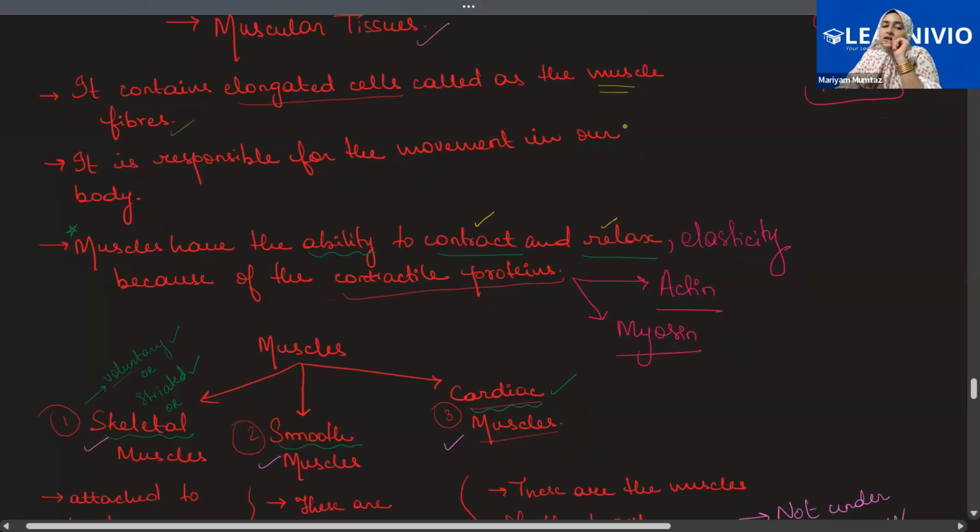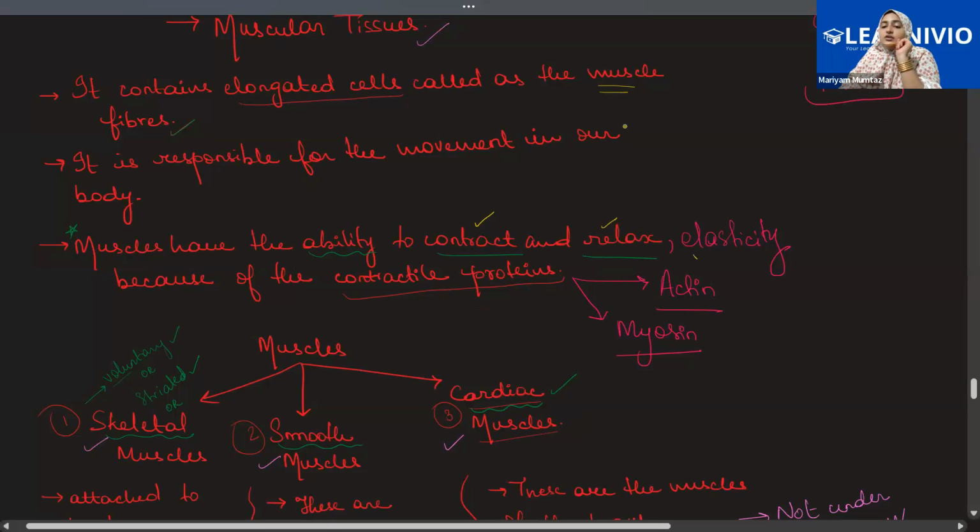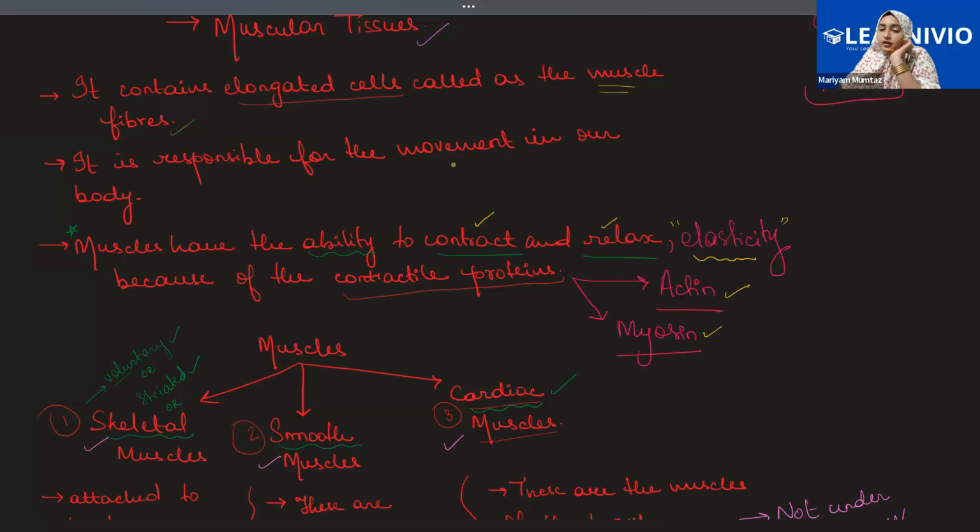So always remember that muscles can contract as well as relax, and this property is called elasticity. This property is present in them because of the contractile proteins, that is actin and myosin. Actin and myosin are the two contractile proteins present in the muscle. Do you understand the meaning of contractile? No, ma'am.